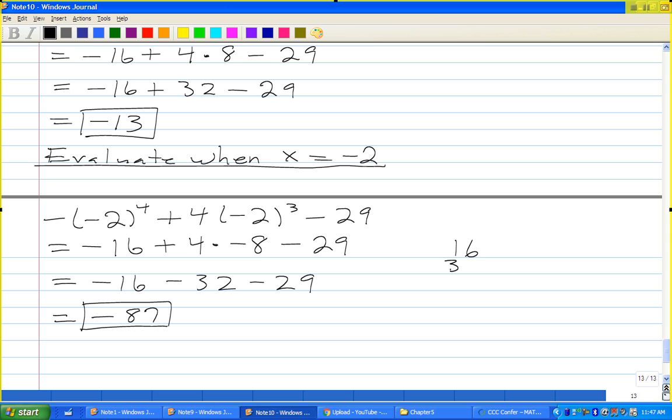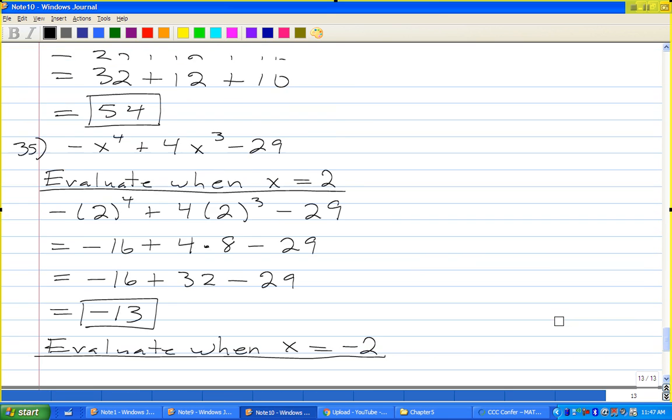Okay, 16, 32, 29, 8, 17, carry the 1, 5, 6, 7. Yeah, well, I'm wrong. Negative 77. Sorry about that. So it's negative 77. I was arguing with myself in my head.